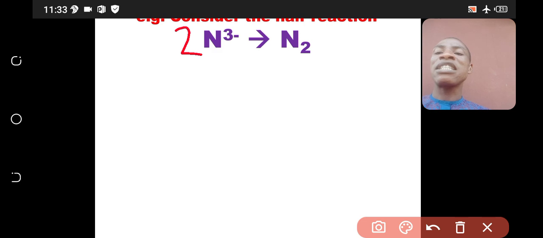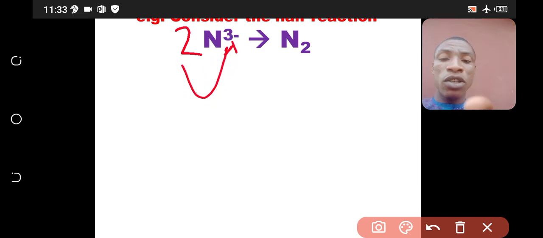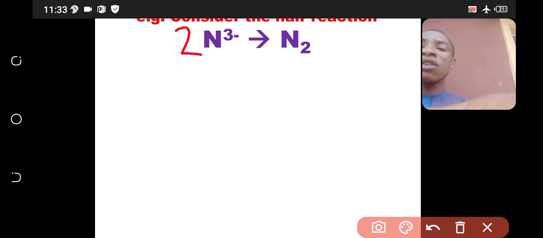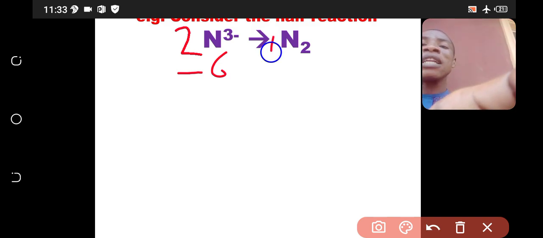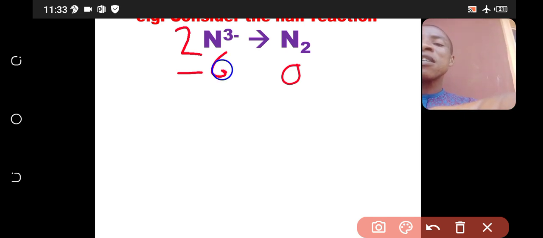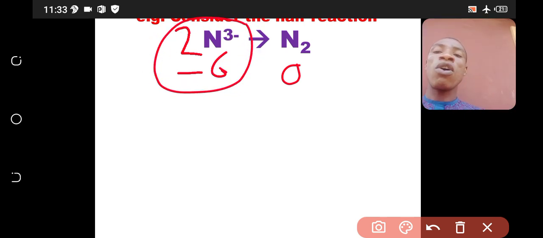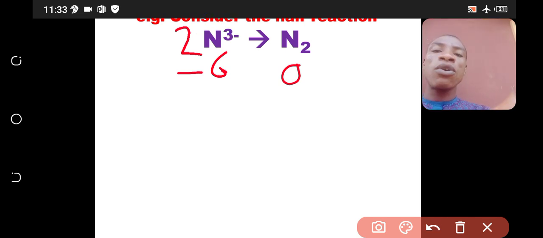That's 2 times minus 3, so this side has minus 6. On this side there's nothing in front, so it's 1 times 0. There's no charge on it, so it's 0 charge.